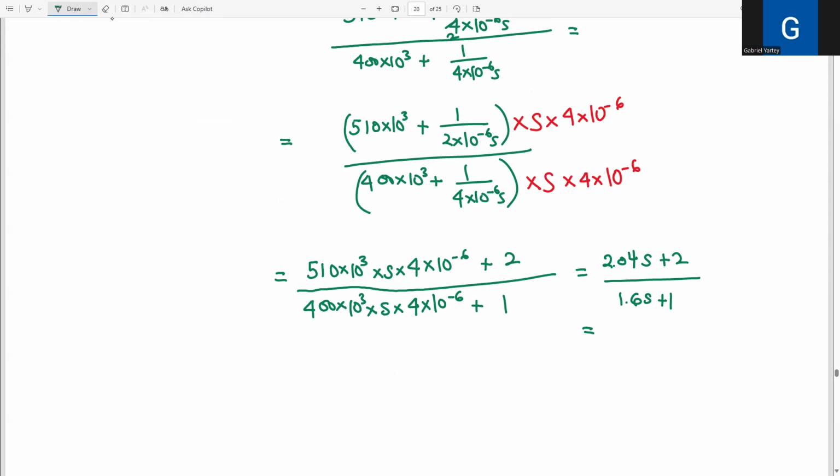Yeah. But then maybe you can factorize. I'll just factorize the 2 over this one here. I'll get 2.04 over 1.6, s plus 1 over 1.6. Then we just solve it and see what we got.